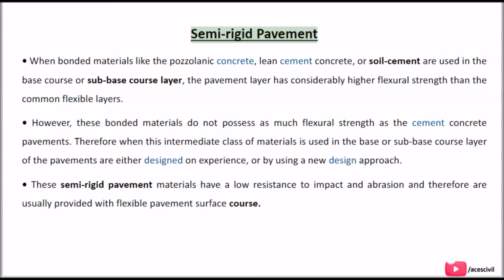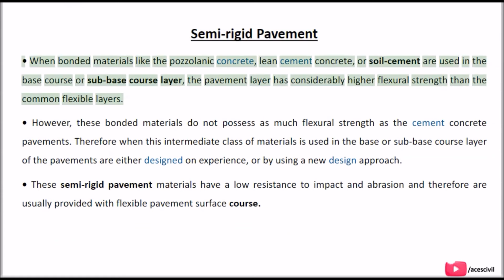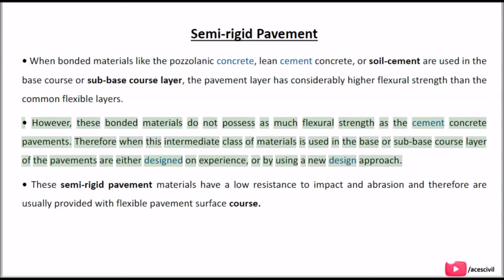Semi-rigid pavement. When bonded materials like pozzolanic concrete, lean cement concrete, or soil cement are used in the base course or sub-base course layer, the pavement layer has considerably higher flexural strength than the common flexible layers. However, these bonded materials do not possess as much flexural strength as cement concrete pavements.